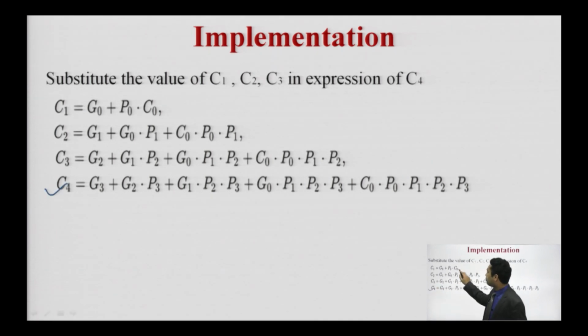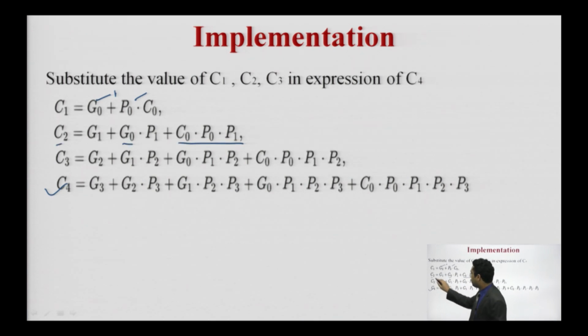As I am talking about this part, you can also explain this as the AND gate and this as the XOR, and this part is replaced here. Then the next one is C2, so you replace this part in C2, then C3. At the end you get this expression.